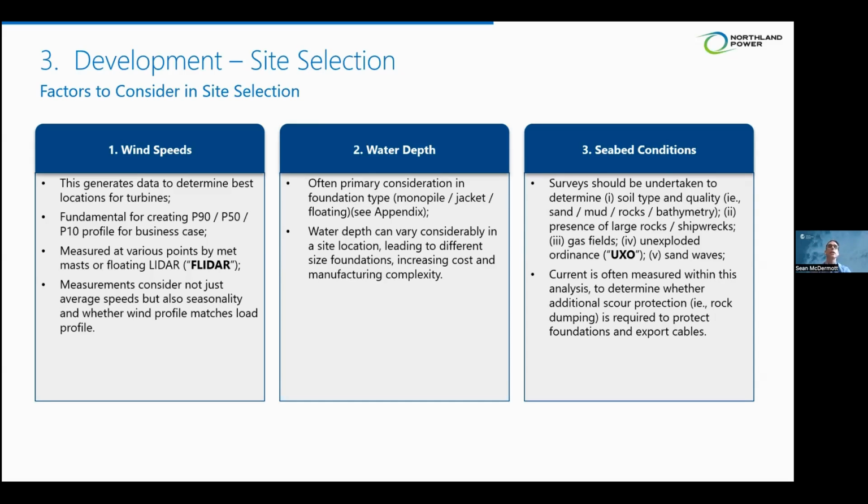So typically we put out a floating LiDAR. The other option is met masts, which are typically put out as a fixed foundation in the ocean waters to capture data, or a floating LiDAR will be put out. Often for at least a year, but often 2 to 3 years to capture multiple seasons of data.